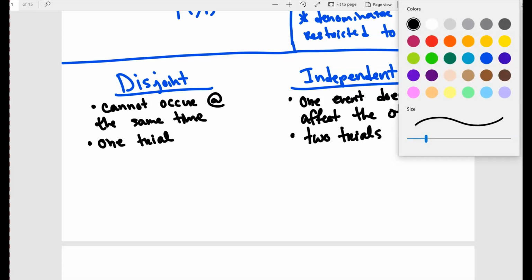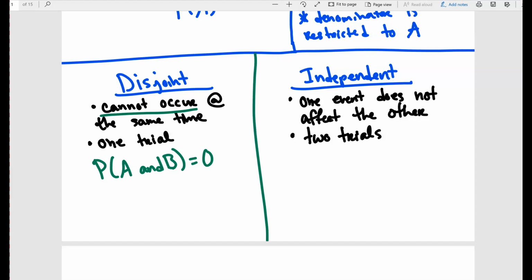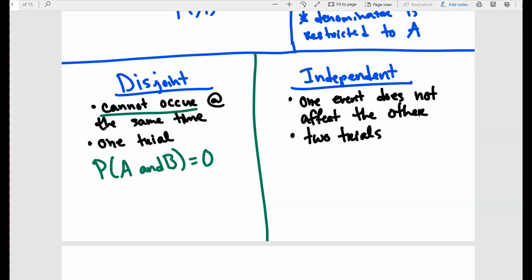So, what you can further say is that the probability of A and B occurring for disjoint events is zero. Okay, because since they cannot occur at the same time, that means that the probability of both of them occurring is equal to zero. For independence, I'm not going to make you prove this, but just for your FYI, and I'll put it in yellow just so that you can say that it's optional.